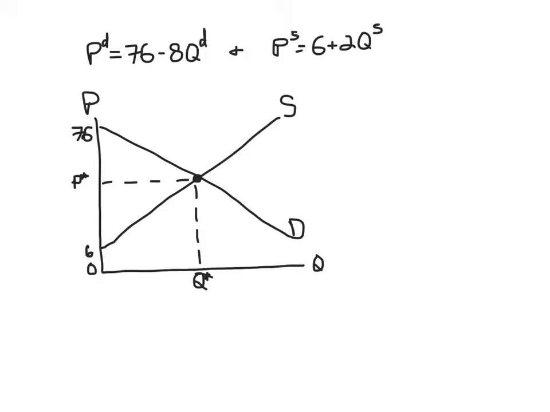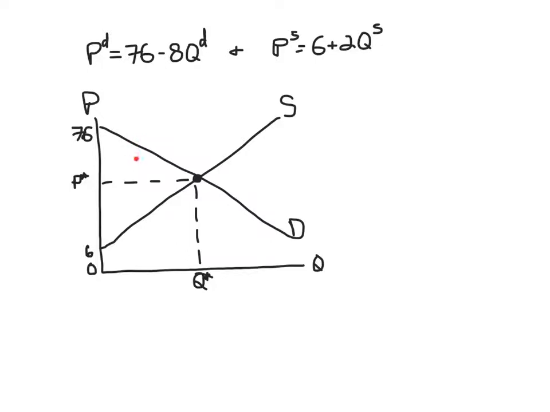So consumer surplus is the difference from any transaction. Let's say this one right here, let's say this is the third transaction. Consumer surplus is the difference between what the consumer actually pays for the product, P star, versus the maximum they'd be willing to pay, which is given by their marginal value or marginal benefit of that third unit.